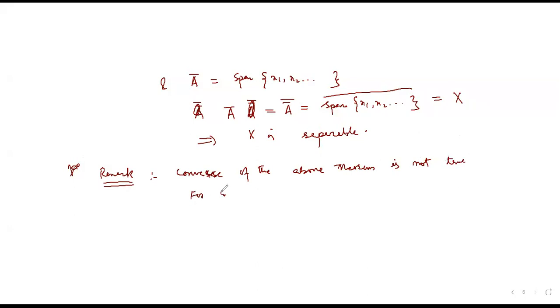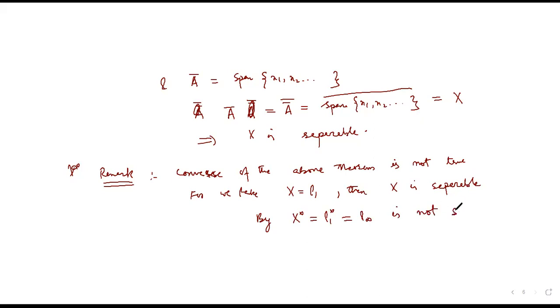For if we take x equal to L1, then x is separable, जो कि हमने किया था. LP is separable, but x star is equal to L1 star is equal to L infinity is not separable. So अगर x star separable है तो x हमेशा separable होगा, लेकिन conversely ऐसा हो जरूरी नहीं है.